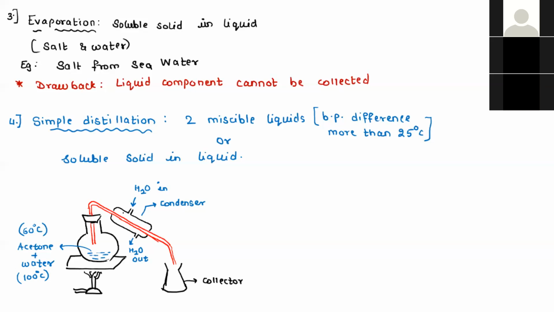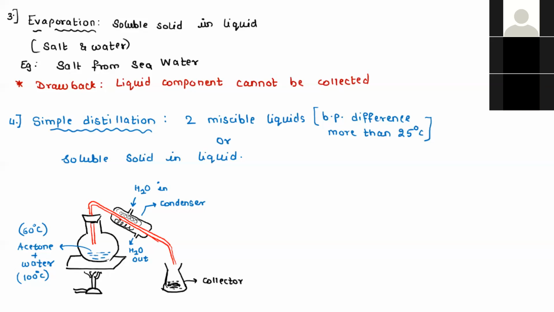And since water is flowing over here, when the acetone boils, it will turn into gas, and that vapor will condense and be collected over here. So in the collector, there will be the liquid which has a low boiling point. That is how you have already separated the two liquids.